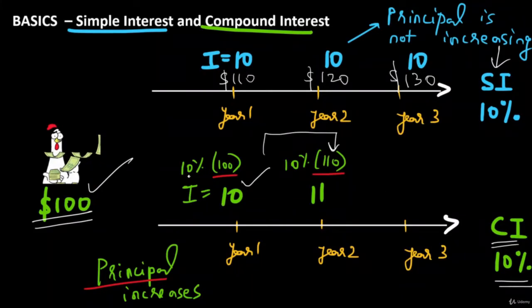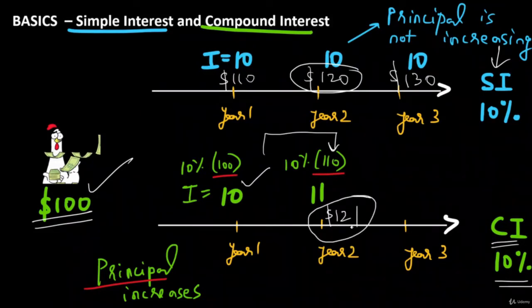So over here, you can see that the total would be 100 plus 10 plus 11. That is $121, which he could get back over here. Right? Notice that in the case of simple interest, he would have just got back $120, but in the case of compound interest, he can get back $121. Now, what would happen in year 3? Again, the interest of 10% would be applied on this $121, not on this $100.